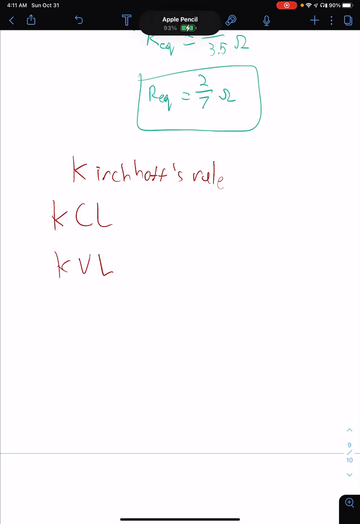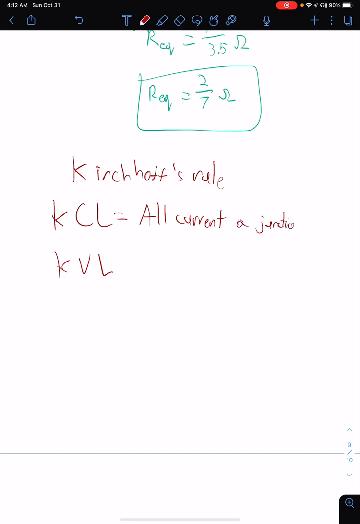It's too late for this. But this one is that all current that enters a junction exits a junction. And KVL is that the voltage around a loop adds to 0. So as you go around the whole loop, it goes to 0.